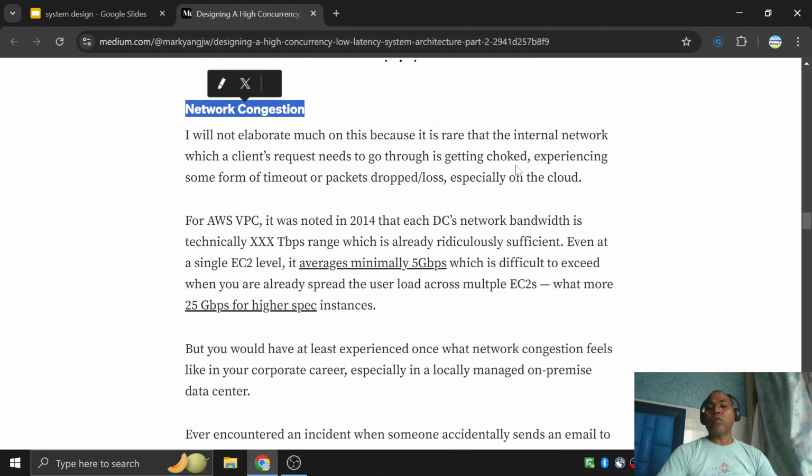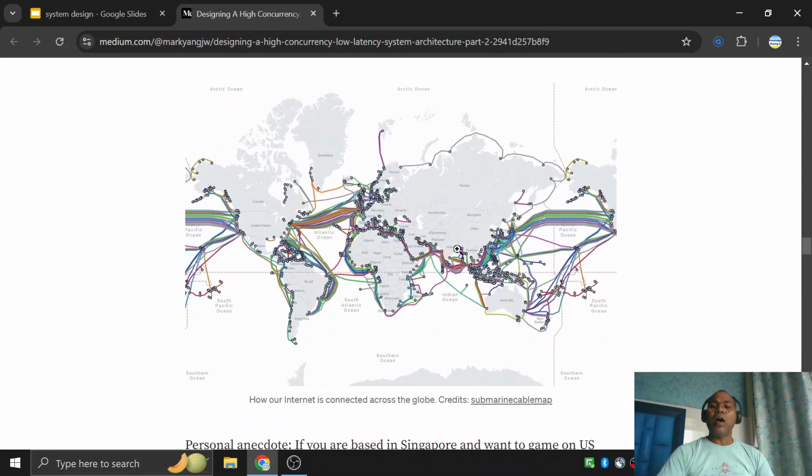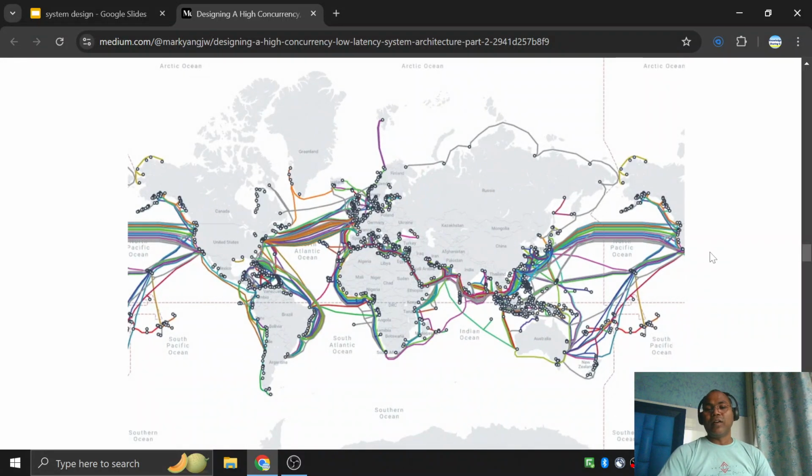Similarly, you can talk about network congestion. Whenever you use the internet, as an engineer we have to know that if a customer from here wants to access data from there, how does our data exchange happen?